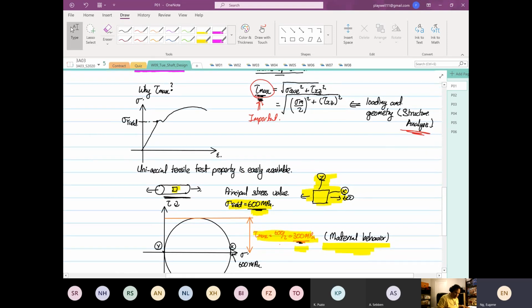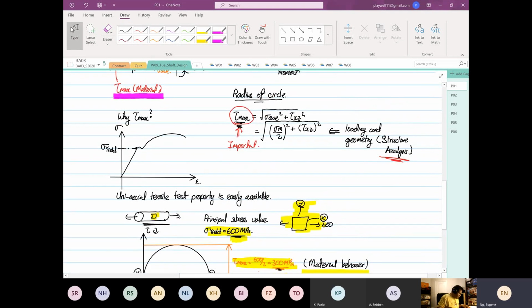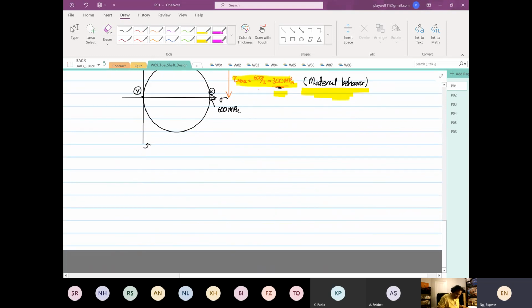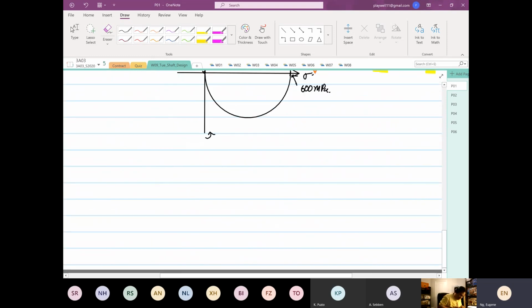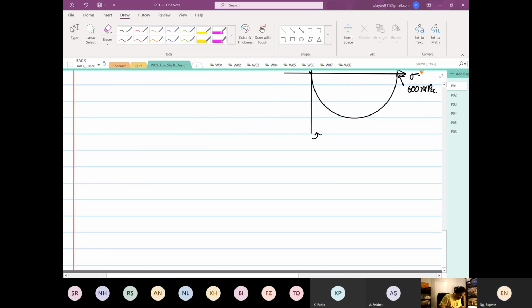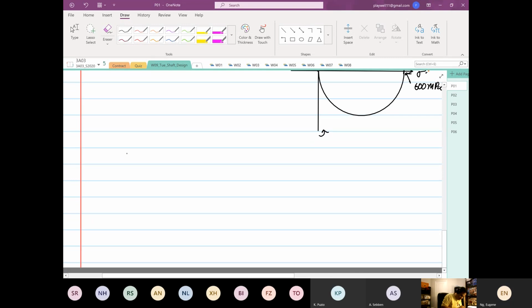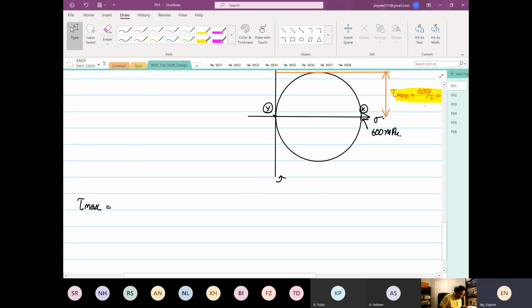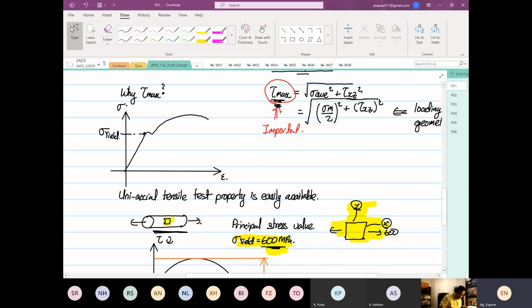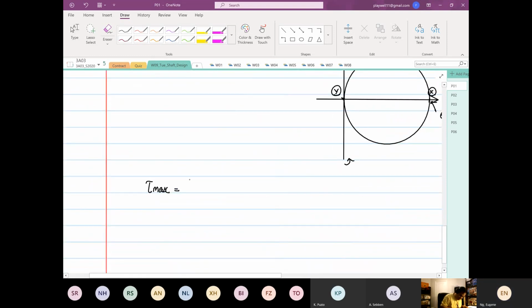So we know that tau max, I'm going to write out this equation now, is equal to the square root of stress average squared plus shear xz squared.